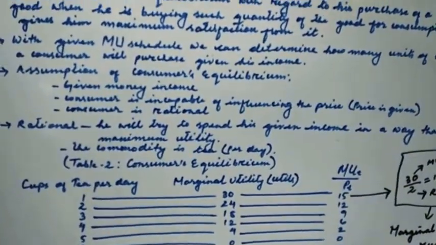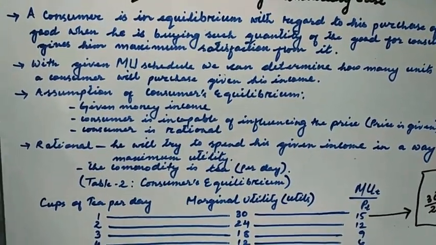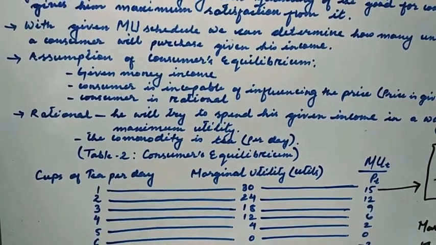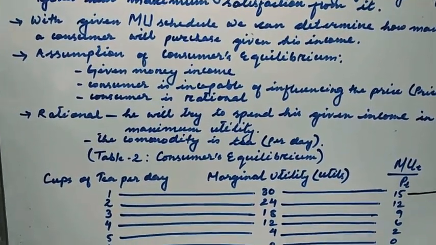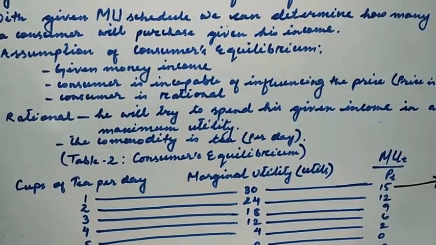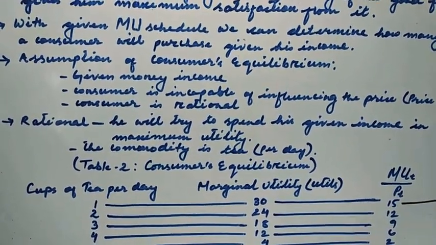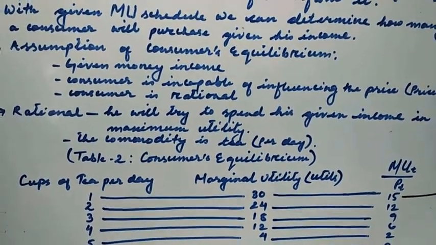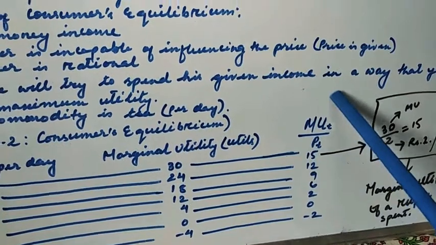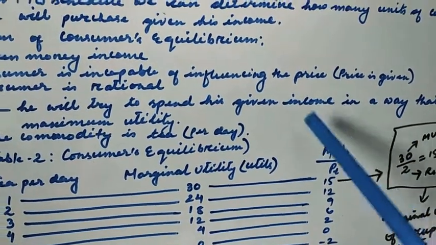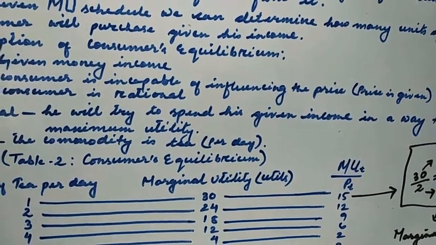In order to explain this consumer's equilibrium, regarding how many cups of tea a consumer will consume per day, we need to find out the marginal utility of a rupee that is obtained from consuming different cups of tea per day.